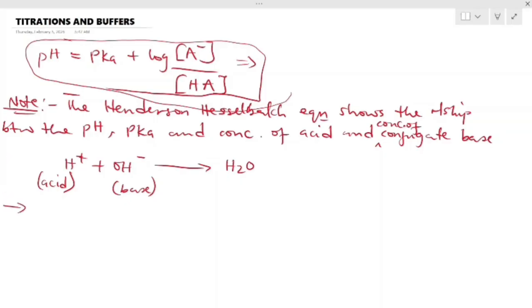So we have the idea, very key. This is what titration is basically about.